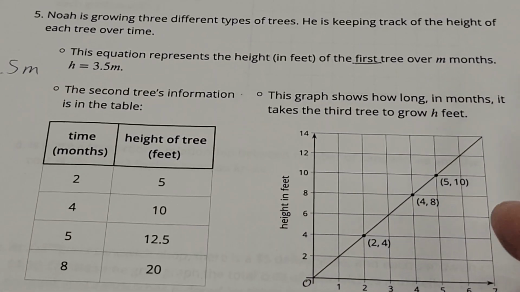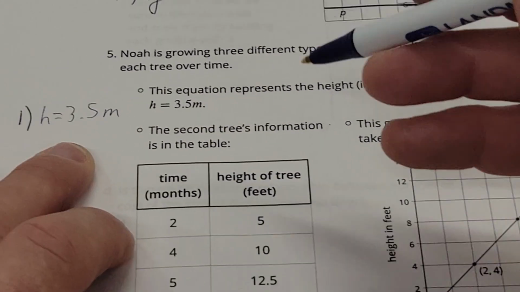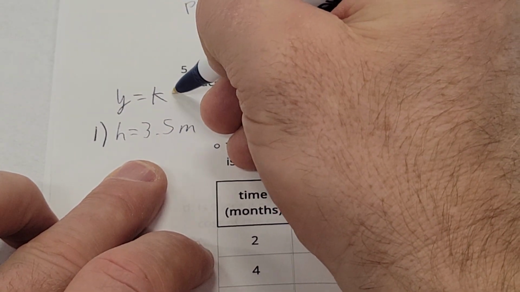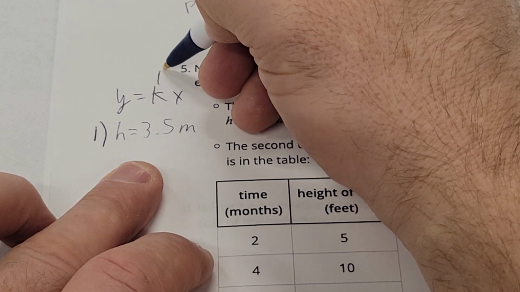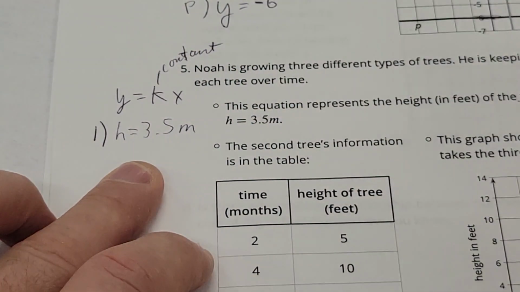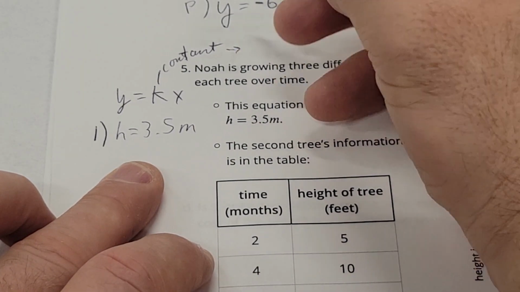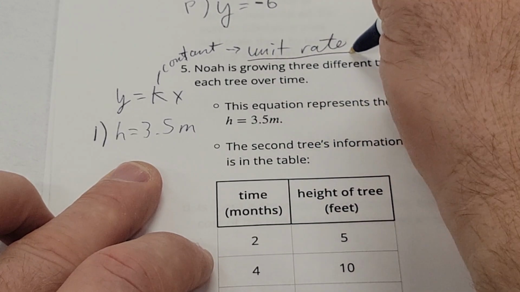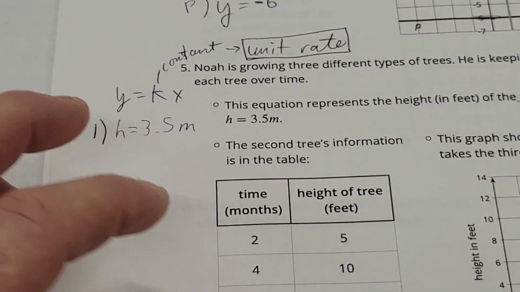Okay, the thing is, this equation here is fitting my y equals kx format, where k is the constant. And we also know that the constant is a unit rate. Okay, this is, again, that little bit of 7th grade review.